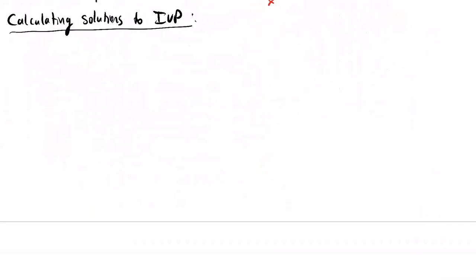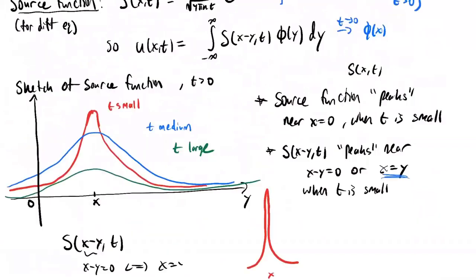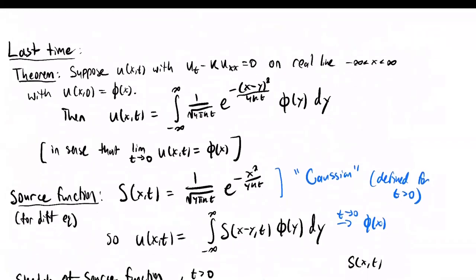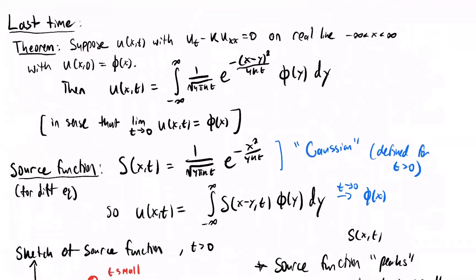The main issue is, if we go back to this solution formula we have for u of x, it turns out that actually calculating this integral as a closed form function of x and t, which you can just write down like sine of something times cosine of something, or a formula like this, this is what we mean when we say closed form. It turns out that this is a very difficult computational task, just because integrals involving this Gaussian function are usually very hard to calculate by hand.